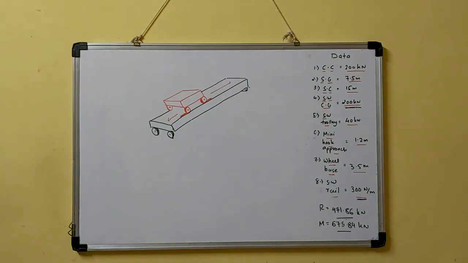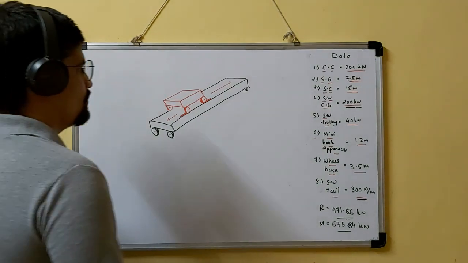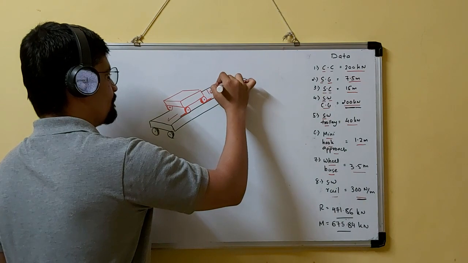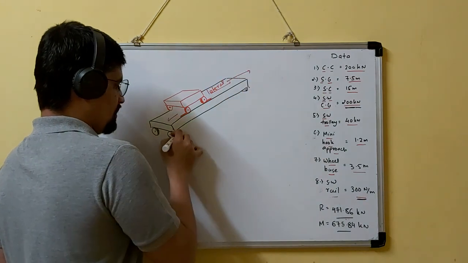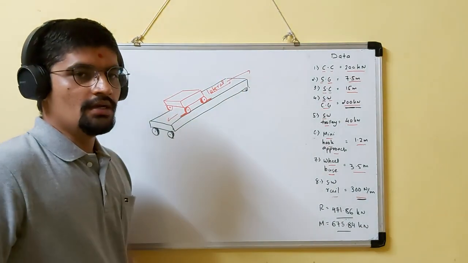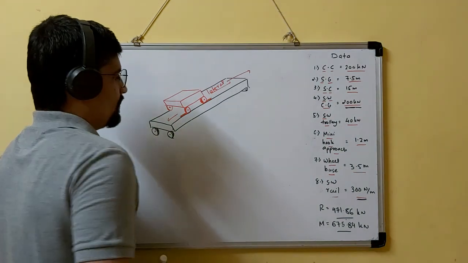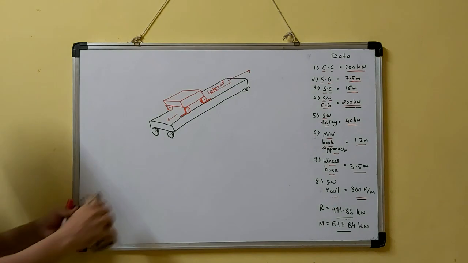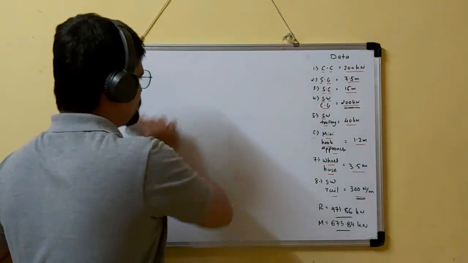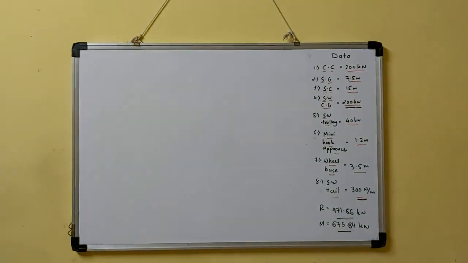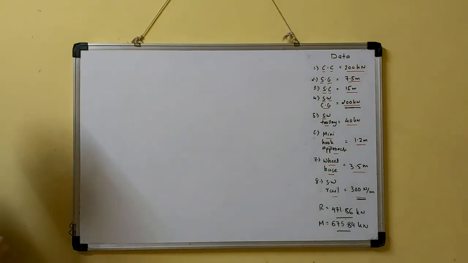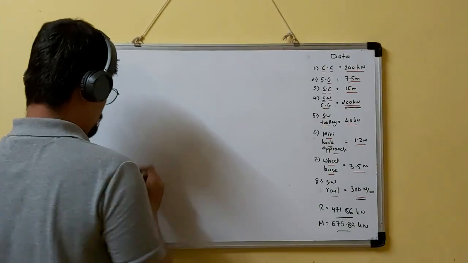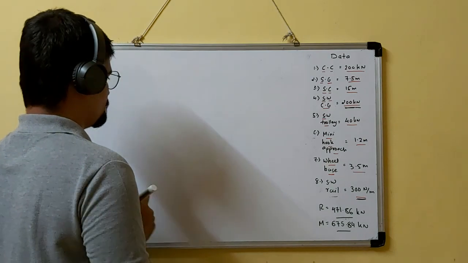It is moving in the lateral direction, so it is known as lateral load. This is the lateral direction, and this is longitudinal. First of all, we need to understand which loads are carried by the trolley. Sorry, I will draw again. My mistake.